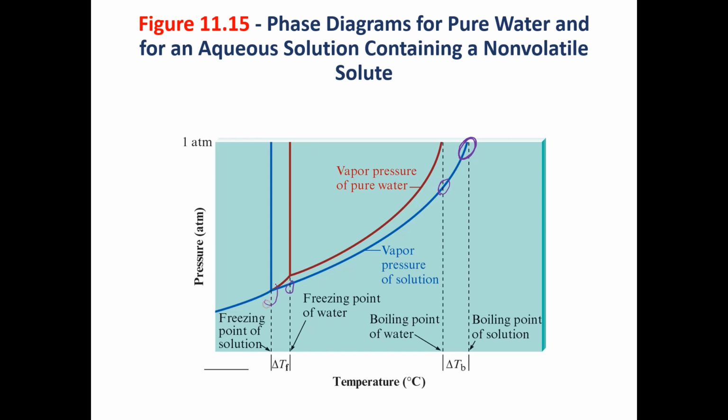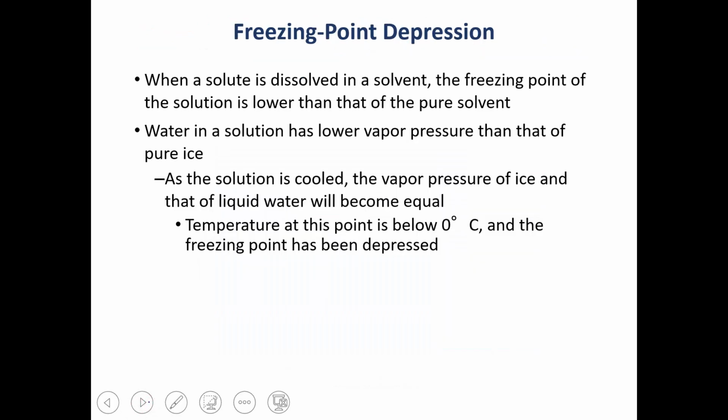This is the freezing point when we add a solute to our solvent. So we call this freezing point depression. If we add a solute to a solvent, the freezing point of the solution is lower than that of just pure water or just the pure solvent.